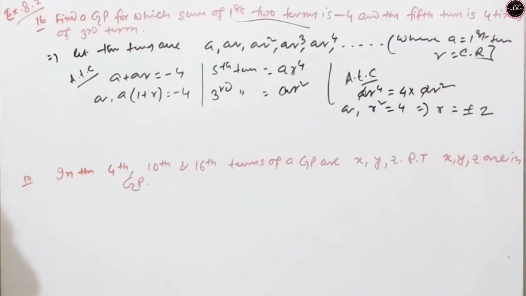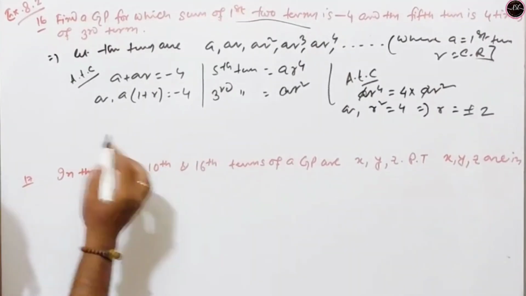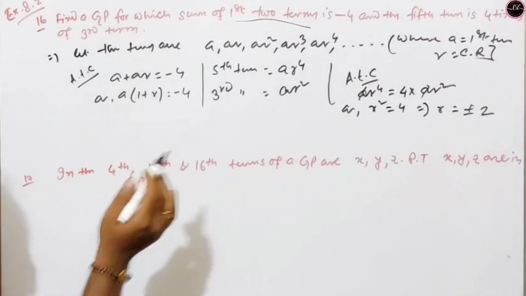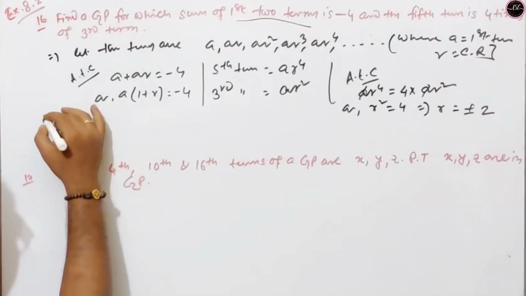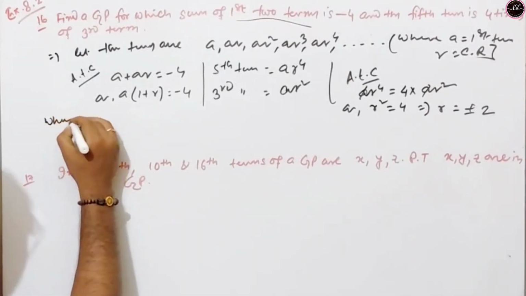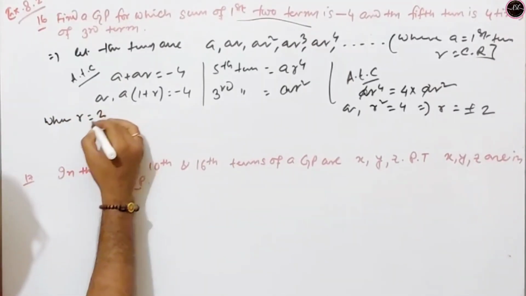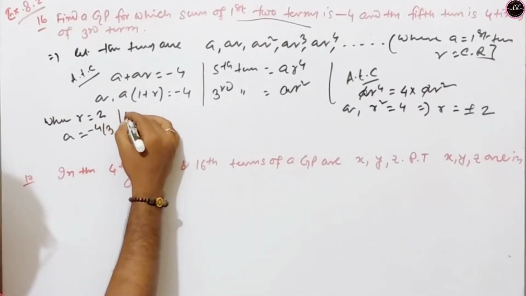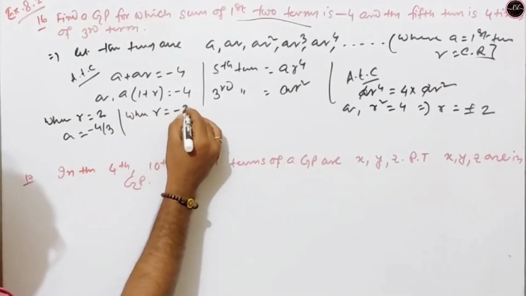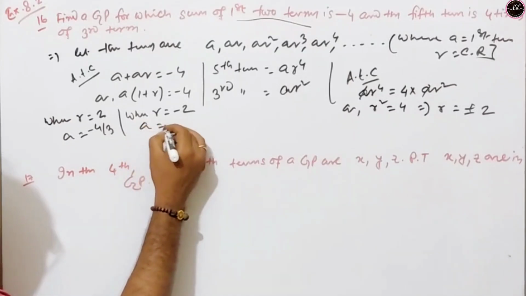Okay. So we get r. So here, if we put the value of r, we get the term a. Therefore when r equal to 2, a equal to -4/3, and when r equal to -2, a equal to 4.